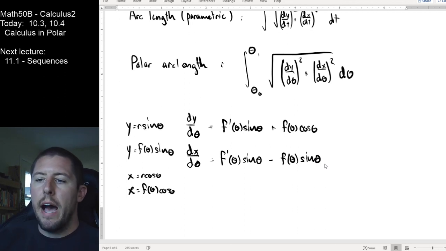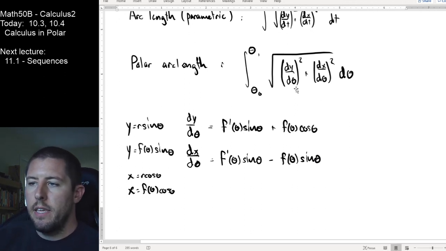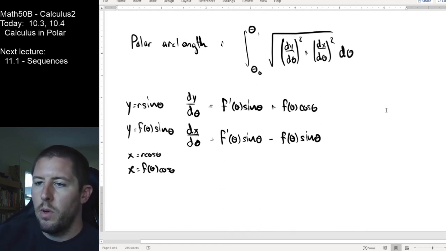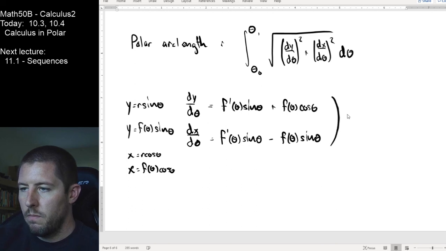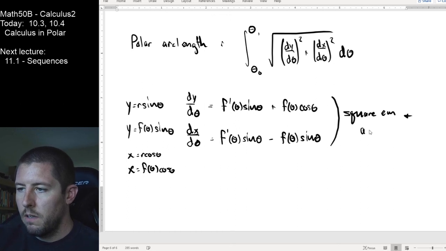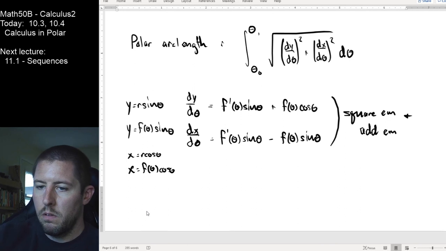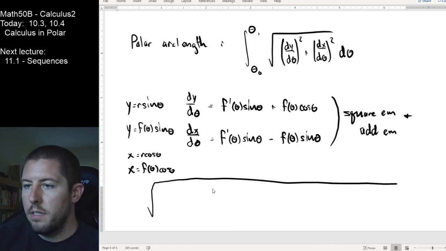All right. So I've got dy d theta, I've got dx d theta. I need to square both of these and add them together. So what do we get underneath the square root here?